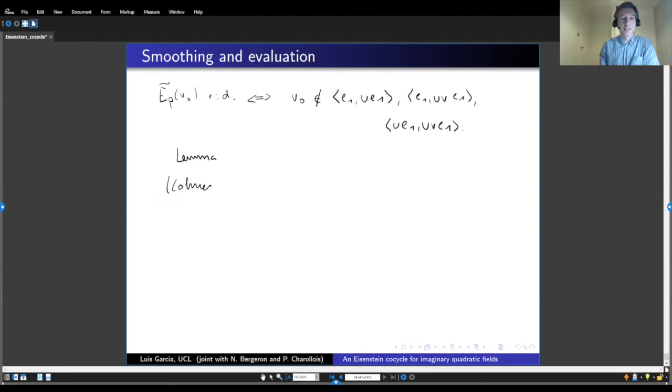Maybe I will just explain this. There is a lemma that appears in a paper of Colmez that lets you see how this works.